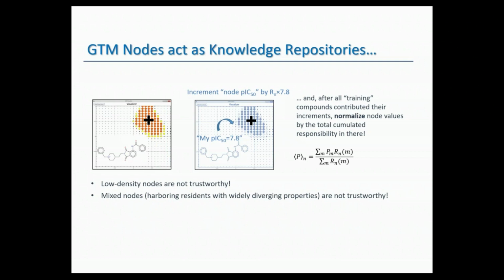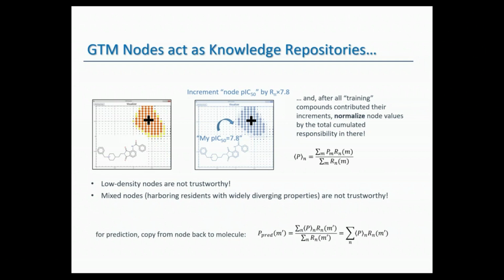So furthermore, the beauty of GTM is that this model comes with its own applicability domain. If you say, okay, a new molecule, a candidate to be predicted, is projected onto a node that is hardly populated, well, you can extract an average pIC50 for that one, but I wouldn't trust it. If I have a node in which neighborhood behavior is not clear, in the sense that it has residents with both high and low pIC50s, I still can calculate an average, but I wouldn't trust it.